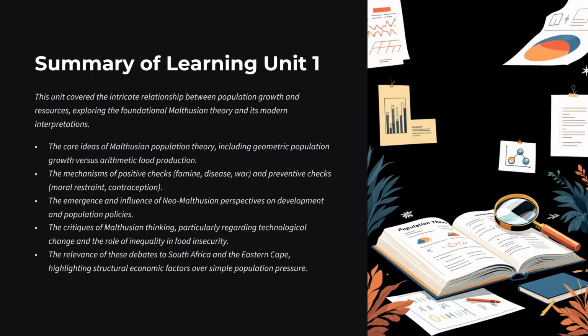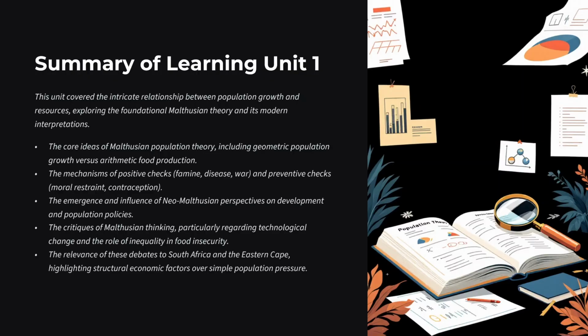He said we need to have positive checks like famines, disease, and wars, and preventive checks like moral restraint and delayed marriage, not necessarily contraception. Contraception comes from the Malthusians.